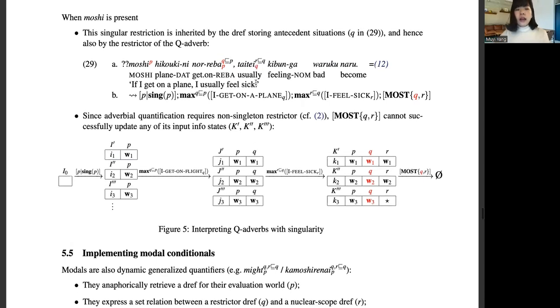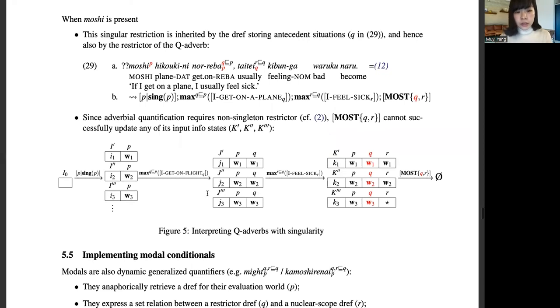Okay. Now, when we look at the update of this sentence, we actually don't even need to look at it step by step. If we just jump ahead to look at the input of this most relation between Q and R, it's very easy to see that the restrictor discourse referent Q has exactly one situation with respect to each information state, K1, K prime, K prime prime, and K prime prime prime.